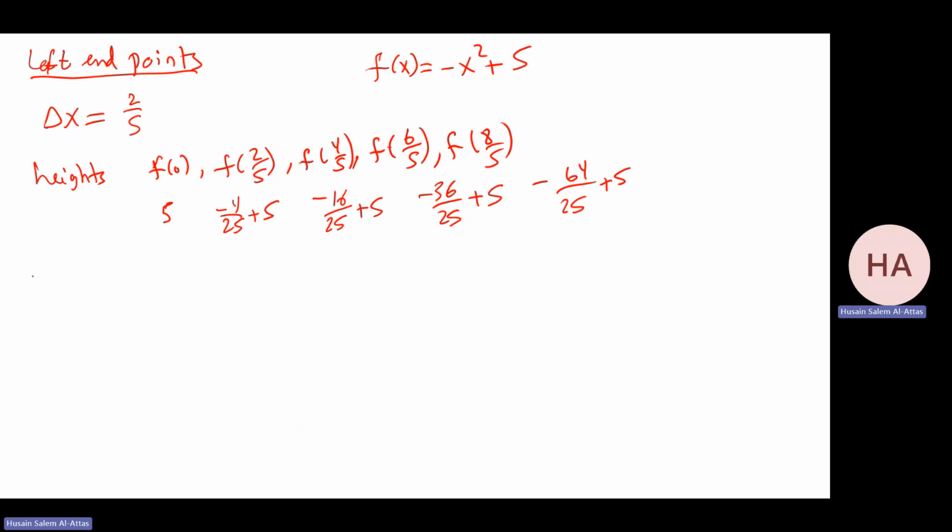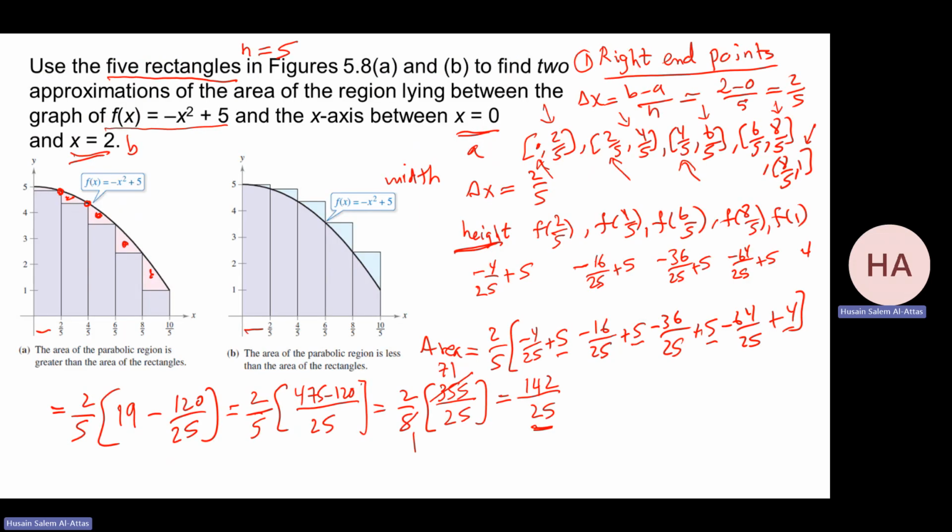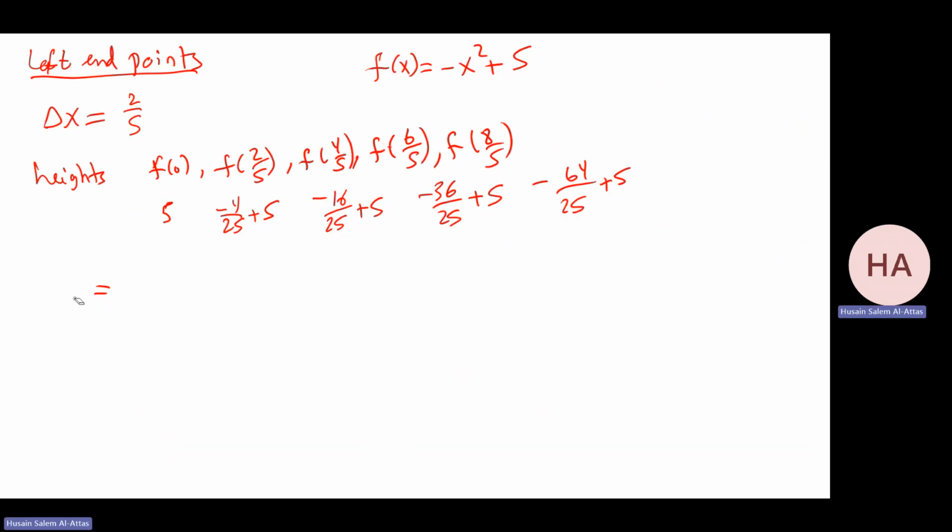Okay, so the area for the approximation, this is the approximation. By the way, they call it L5 in this case, or since it's the right endpoint, they call it R5. And this one they call L5, left endpoint.